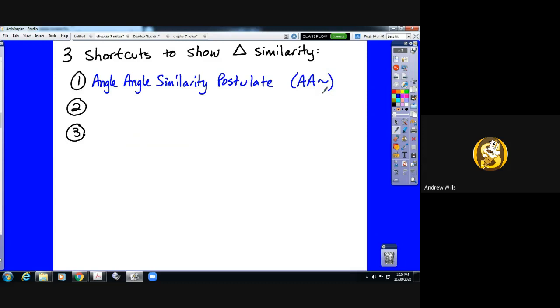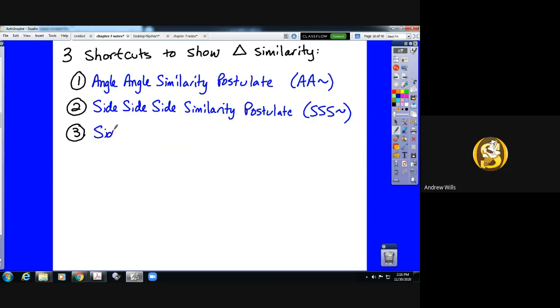We have side-side-side similarity, which would be abbreviated SSS, similar. And our third will be the side-angle-side similarity.